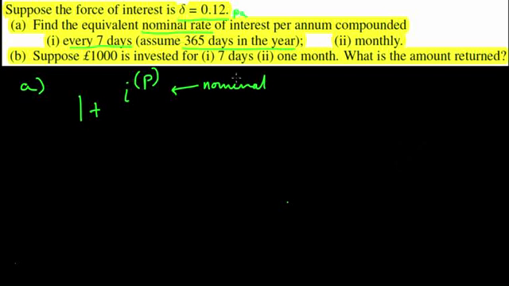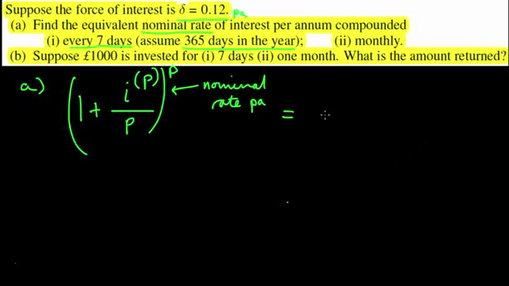To find the effective rate pthly, we divide it by the number of periods. Then, to turn this into an effective annual rate, we compound it to the power of p.